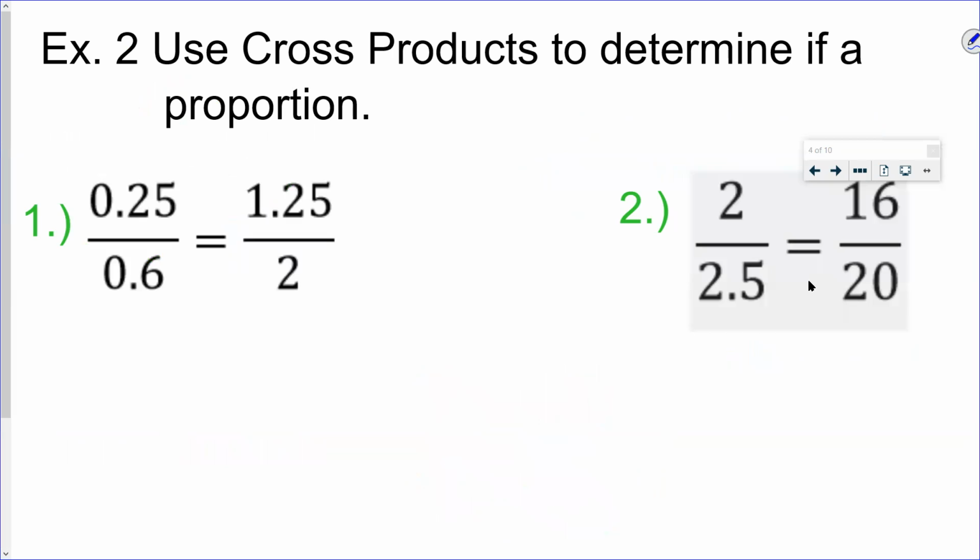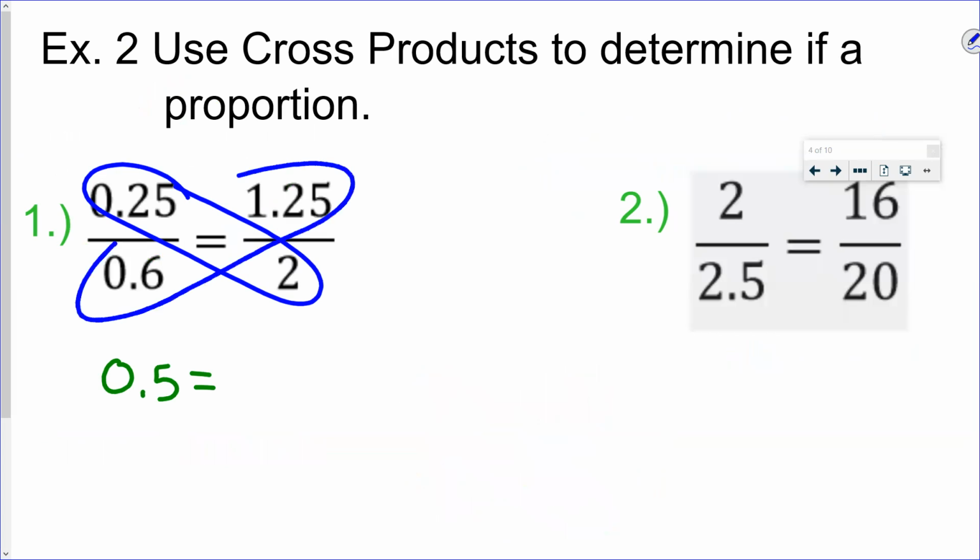So we want to use cross products to determine if this is a proportion. So we're going to take 0.25 and we're going to multiply it by 2. So let's do that, 0.25 times 2 is going to give us 0.5 equals 0.6 times 1.25.